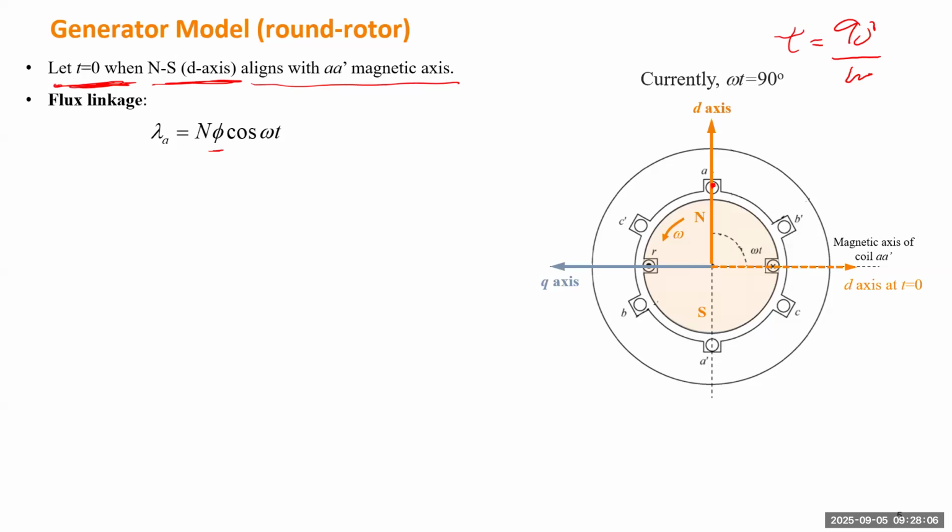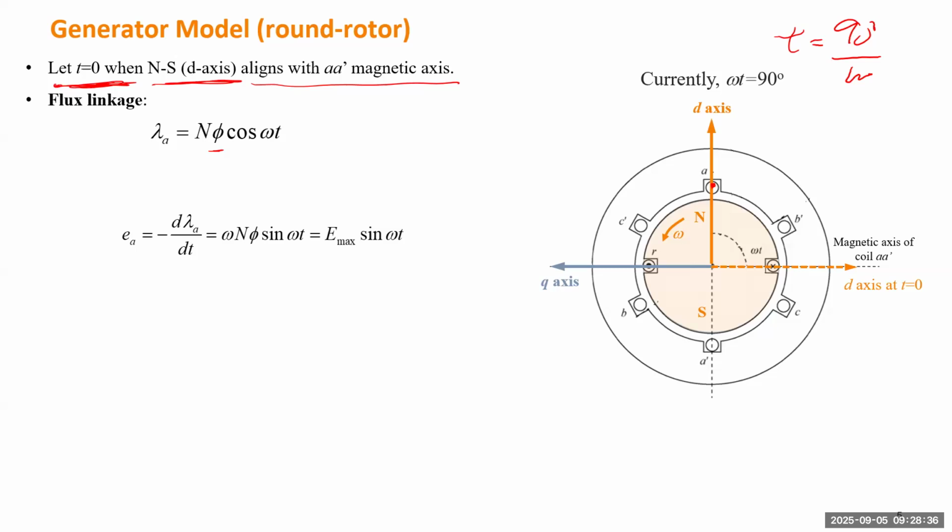So when t is 0, cosine omega t has the largest value, when the rotor's magnetic field is fully coupled with winding A. So we can use this cosine function. But if you decide to use a sine function to model this flux linkage, you have to redefine the zero time. Okay, next we can calculate the induced voltage of only winding A.